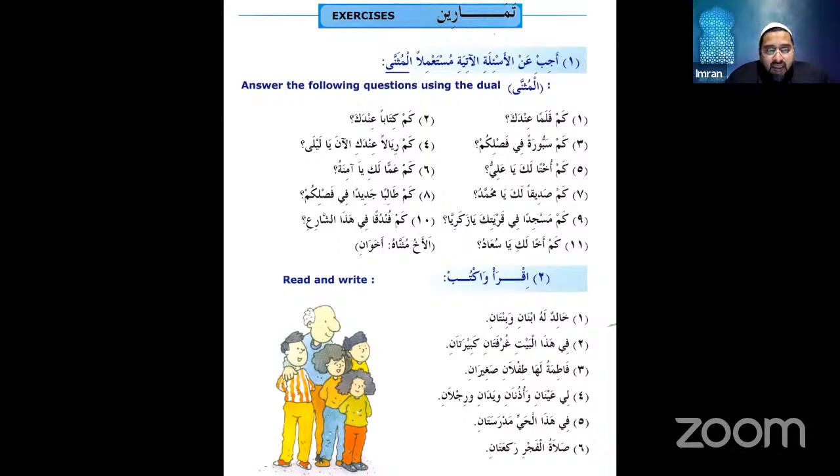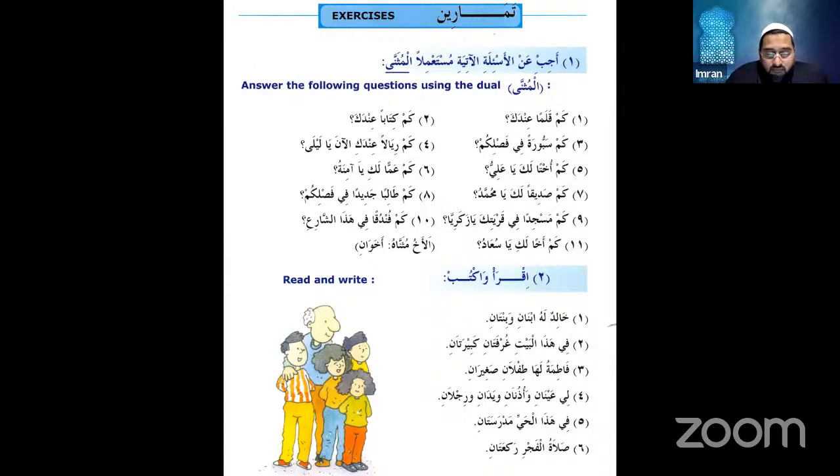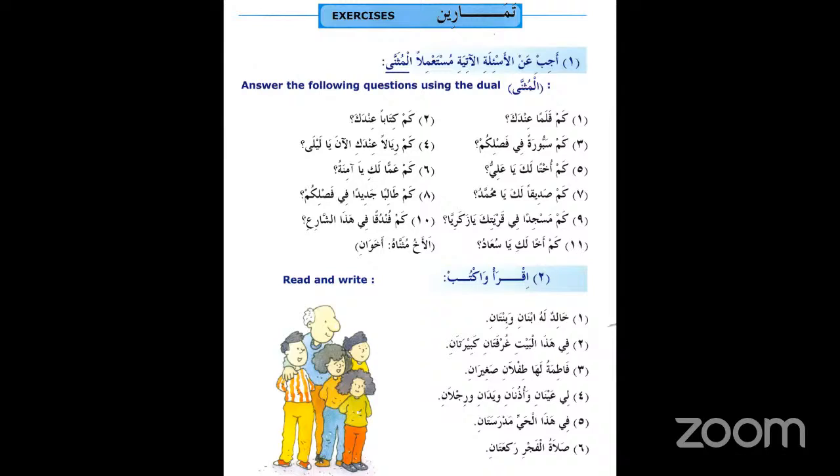Sister Nadri. لي عينان وأذنان ويدان ورجلان. I have 2 eyes, 2 ears, 2 hands, and 2 legs. Correct. في هذا الحي مدرستان.